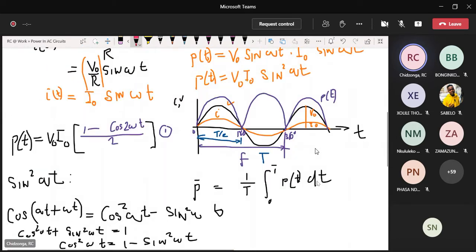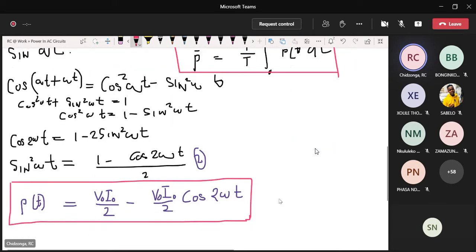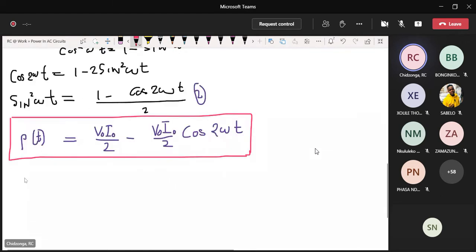And this integral here, which I have here, is defining the power, what we call the average power. But we can see from here that if we want the average power, it will have to be the average of this plus the average of that.